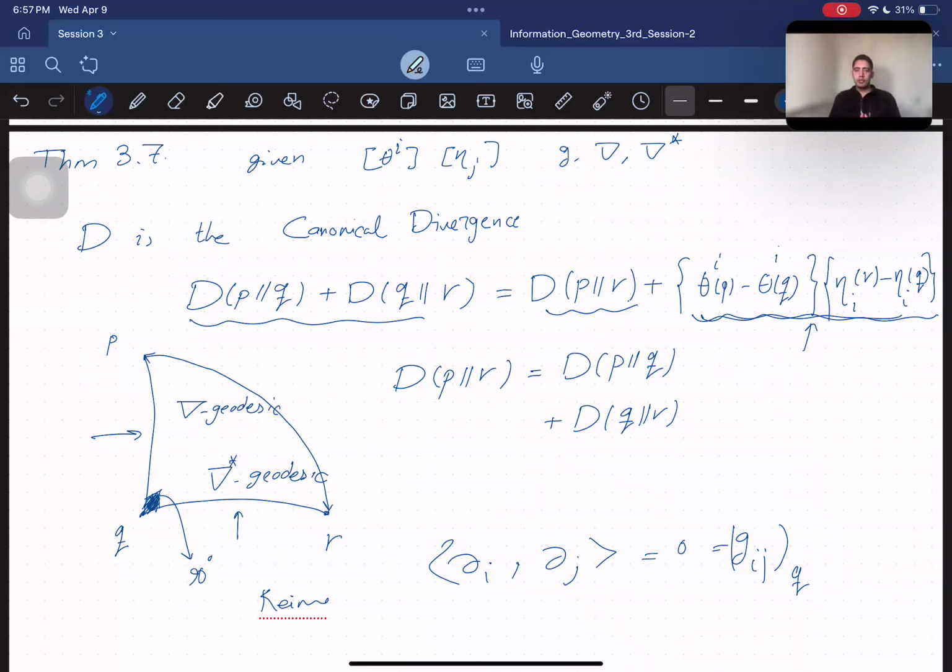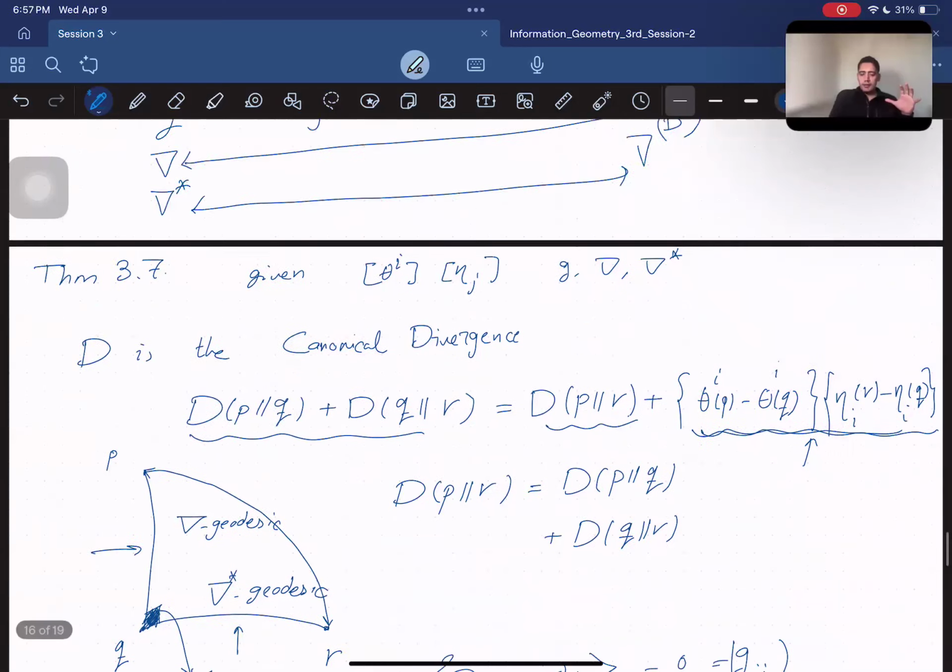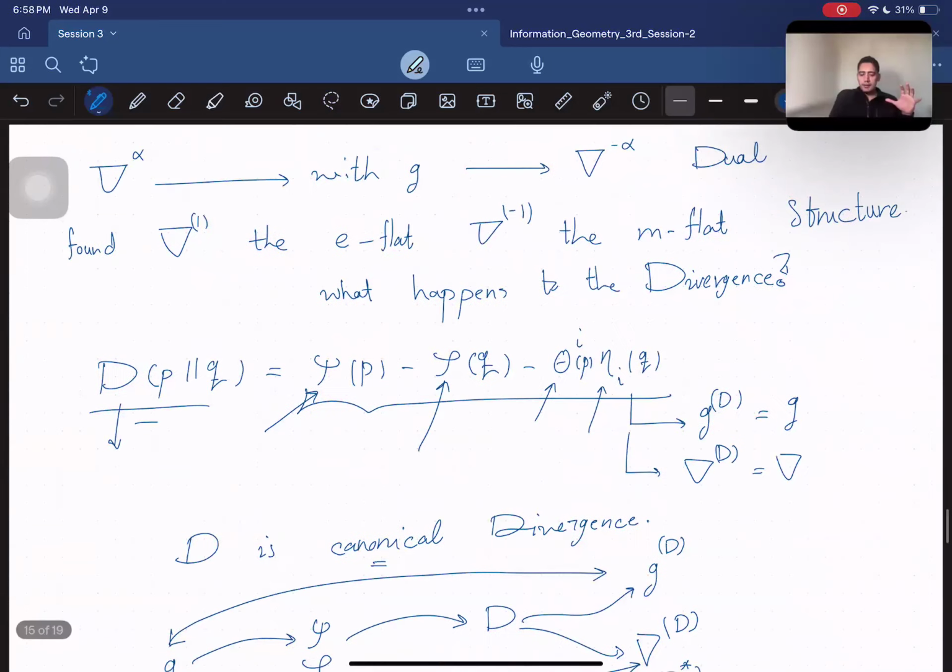So we could come up with a triangle relationship if we go all the way around from the dually flat structure. The emphasis here is to remember that all these things that helped us create this divergence is the existence of the dual flat coordinate system.